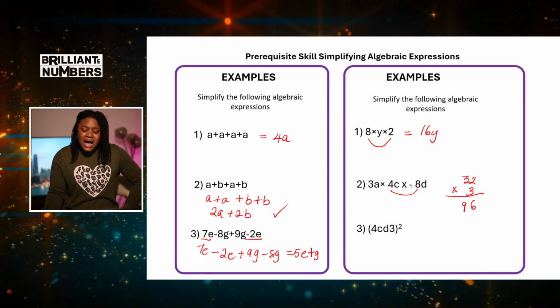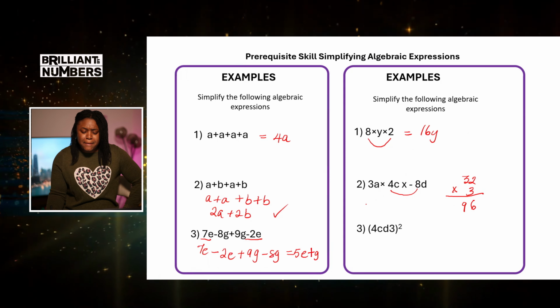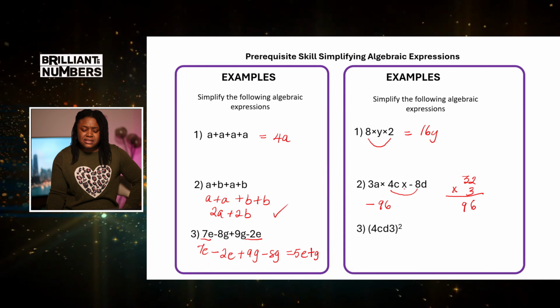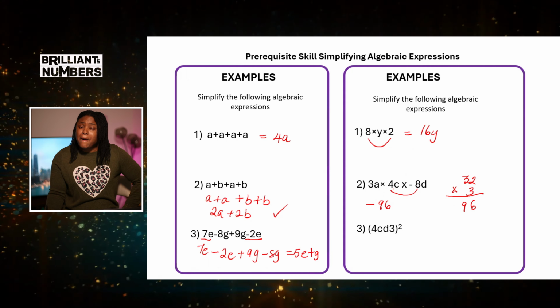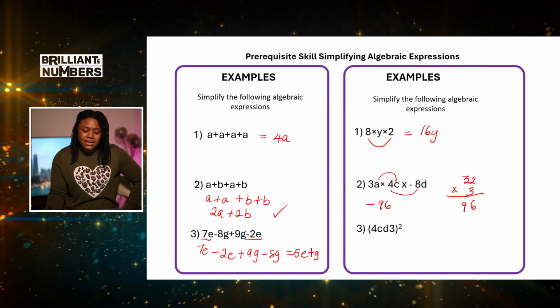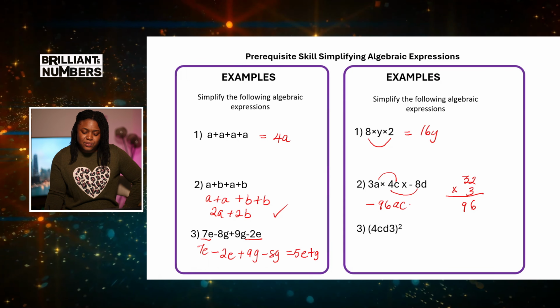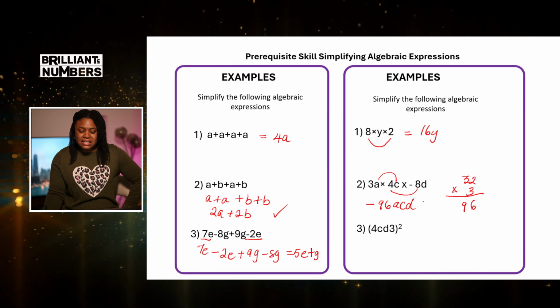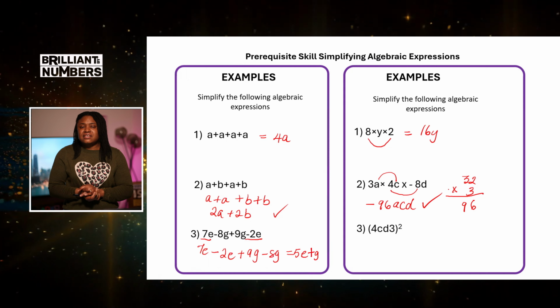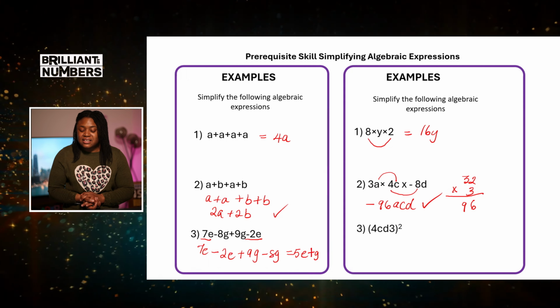However, I have a negative value here, so my answer is going to be minus 96, and then I consider my variables. So a times c is ac, and then multiplied by d will be ACD. So the final answer then is negative 96 ACD.